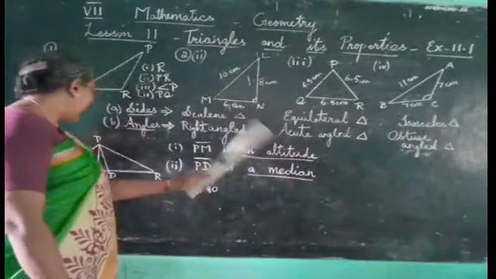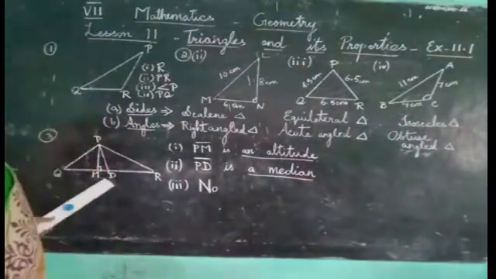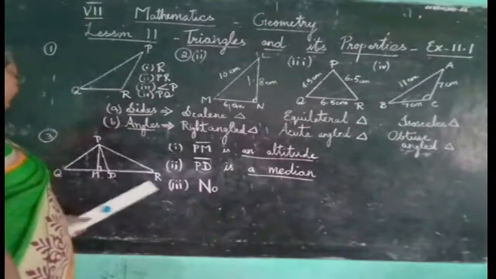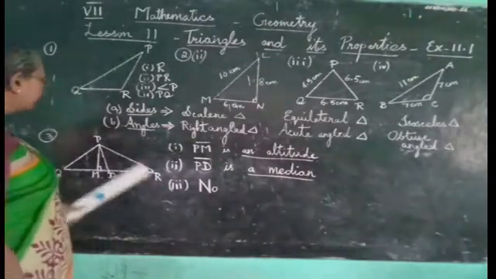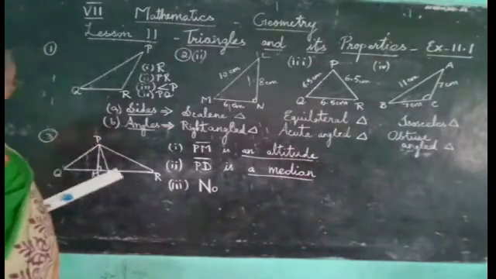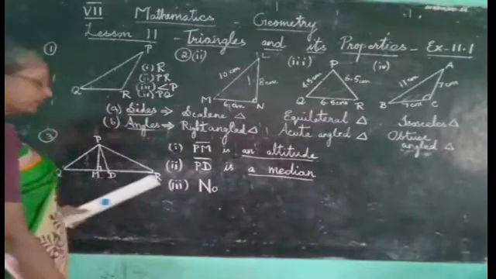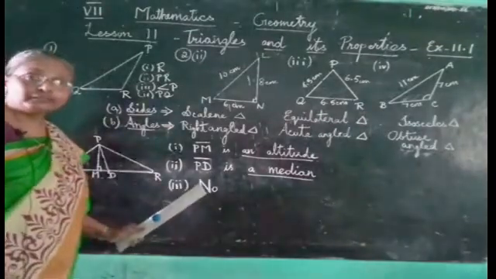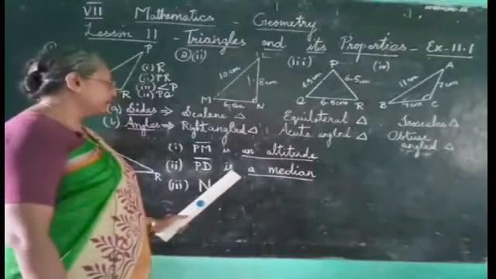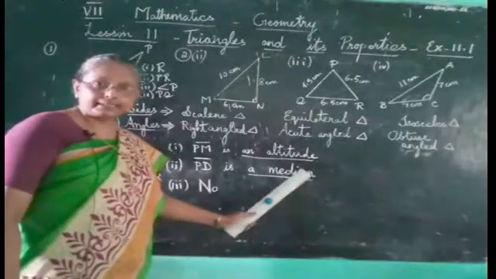Segment PD is dash. Here D is the midpoint. D is the midpoint of QR. Therefore, the line which connects the vertex to the midpoint of its opposite side is called what? Median. Therefore, line segment PD is a median.